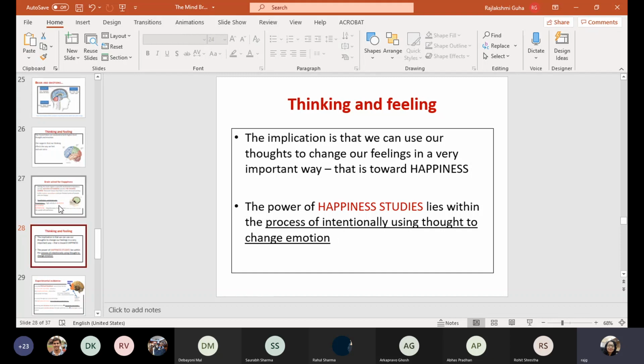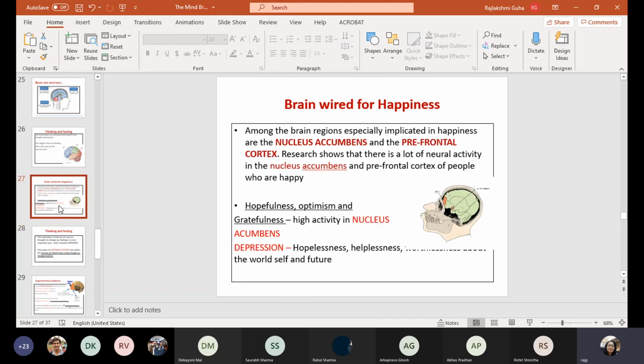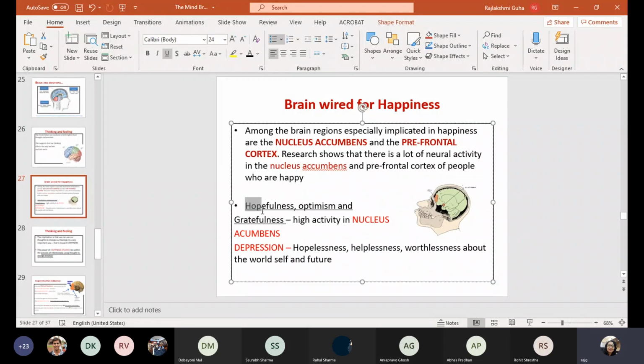I was just speaking about this a little while ago, about what we do in depression, because we know that these features are important for happiness or for positive emotion.